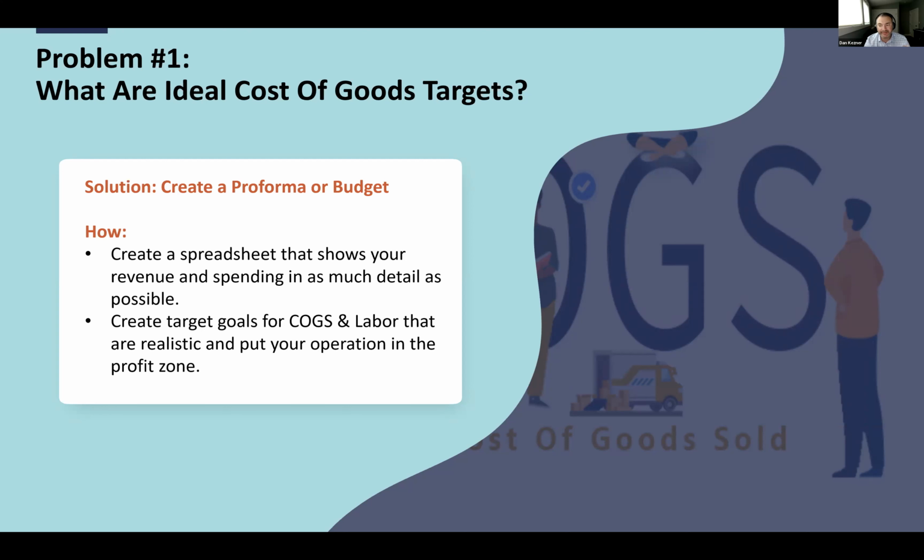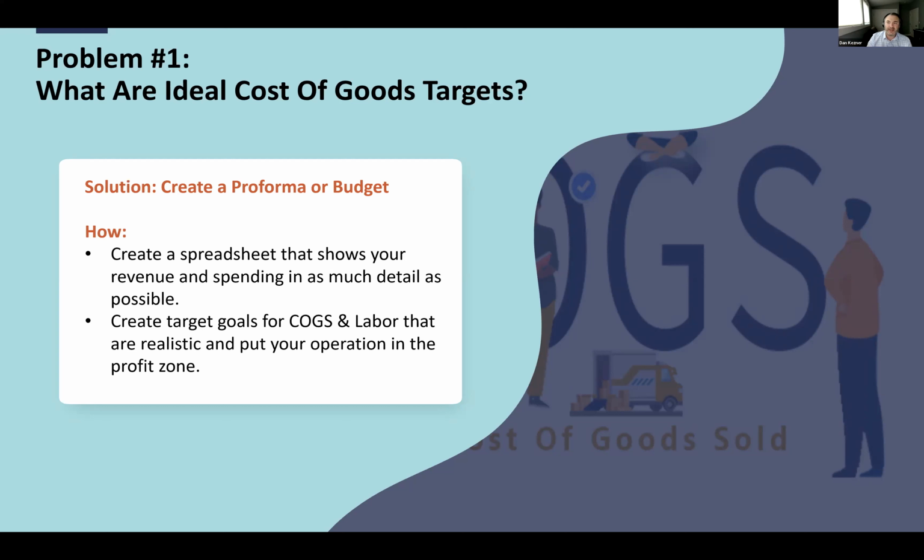Then we obviously have our rent and our overall facility costs. Again, our business model, things like that. But as a ballpark figure, and again, every restaurant's different, we want our total cost of goods, excuse me, to be between 24 and 27%. That's generally where I find our restaurants being profitable.